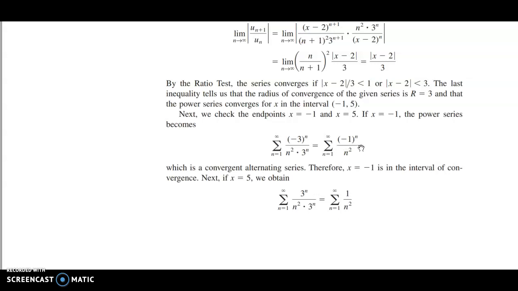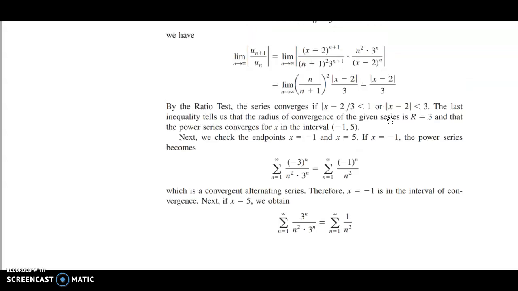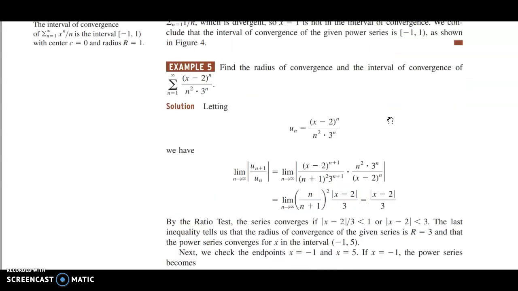By using the Leibniz test, the alternating series test, we can check the convergence. We know that the series is convergent because b_n is equal to 1 by n square, which is a decreasing sequence and the limit is equal to 0. So by the alternating series test, the series converges, right? Next, put x is equal to 5 here.